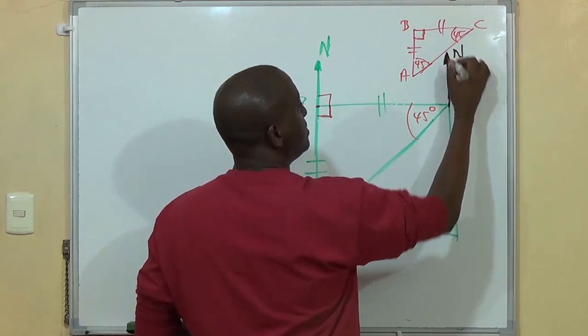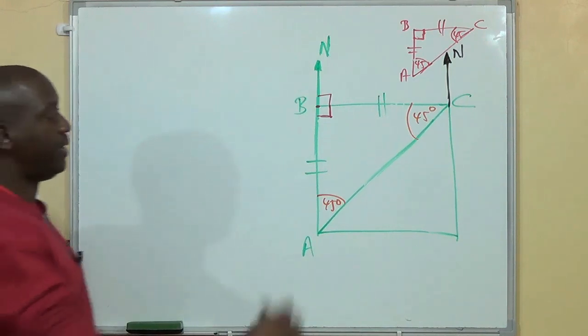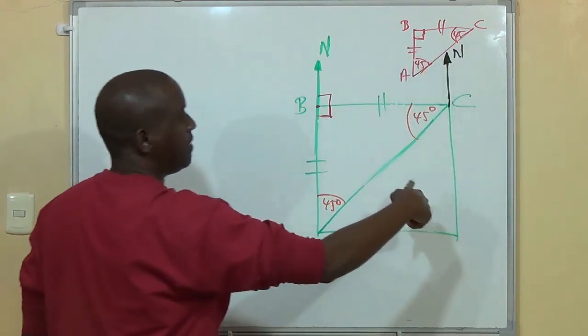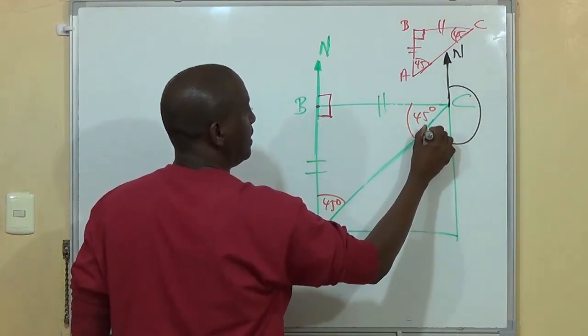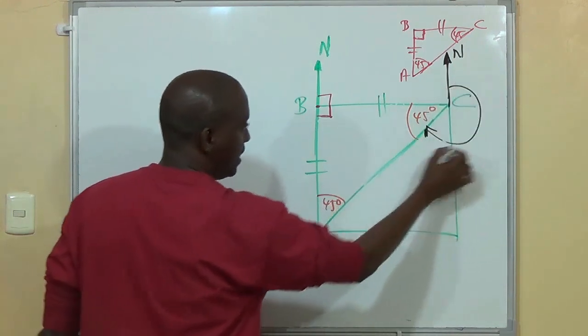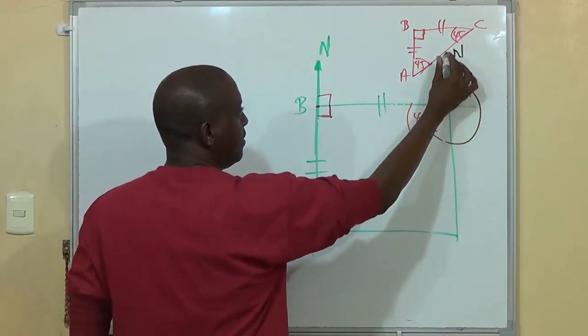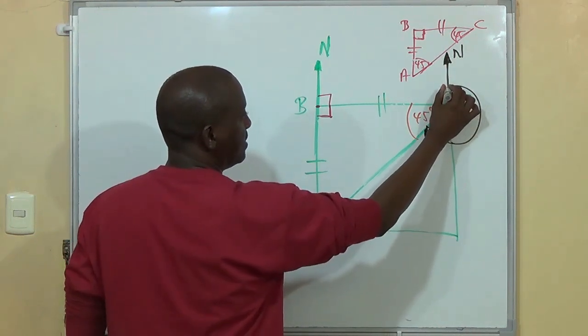We know that with bearings, the angles are always measured from north, and they're always measured in a clockwise direction. So basically what we're looking for is that angle there. The bearing of A from C is this whole angle here. We know that from here to here is 180, so we have 180 degrees covered already.